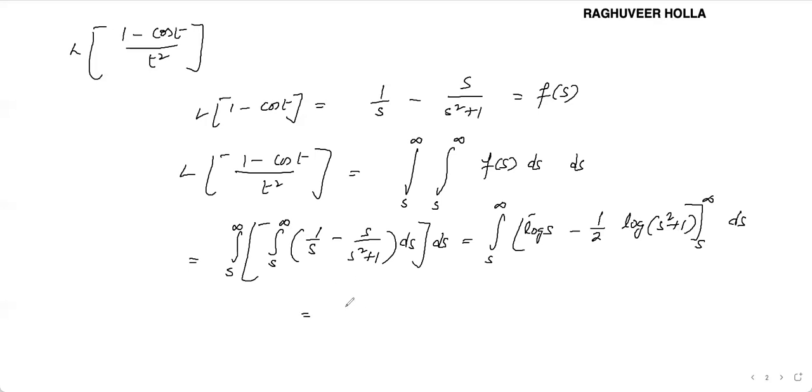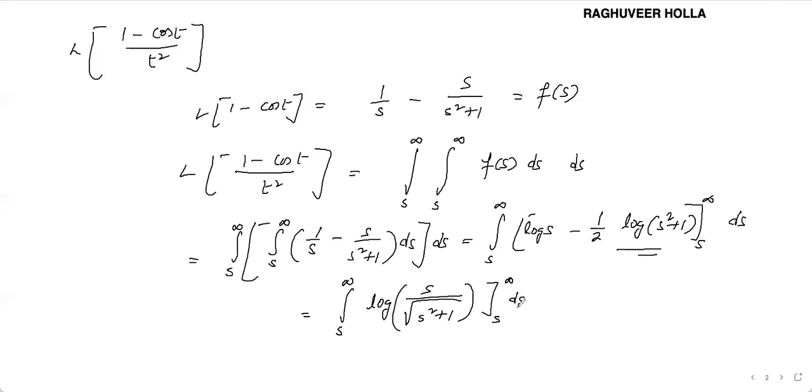Now integral s to infinity, log s minus half log s square plus 1, which will be square root of s square plus 1. Okay, keep under the brackets. Now still we have the limits, which is s to infinity ds.